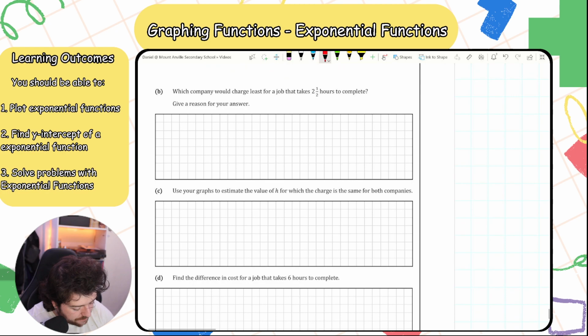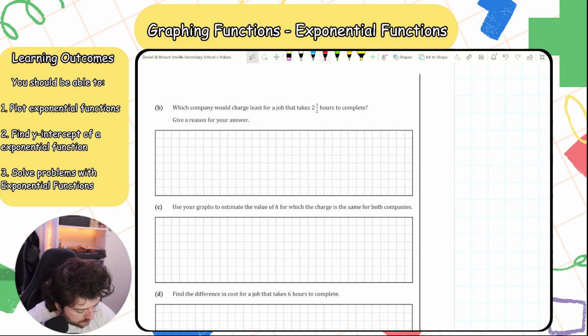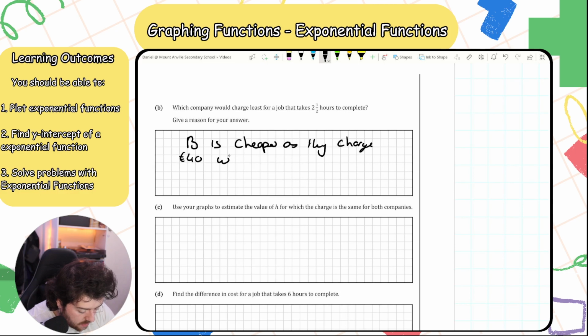Company B. So B is cheaper as they charge 40 while A charges around 50.